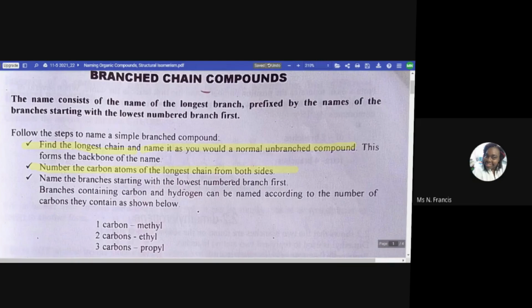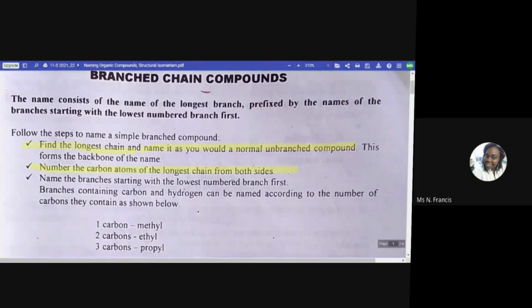Now, in some other readings, you may hear them say that you start numbering where you see the branch. So the side of the longest chain that has the branch the closest, that is where you start numbering from.